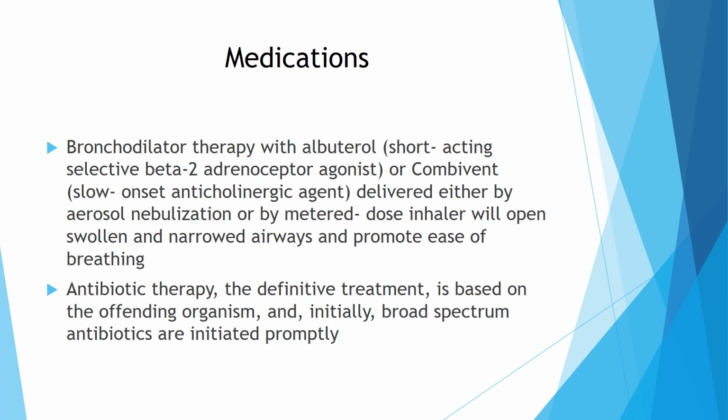It's going to open up those airways and the patient will be breathing easier. Antibiotic therapy, the definitive treatment is based on the offending organism. And initially, a broad spectrum antibiotic is going to be initiated and initiated promptly. And then if we have cultures, we can change the antibiotic to the specific organism.